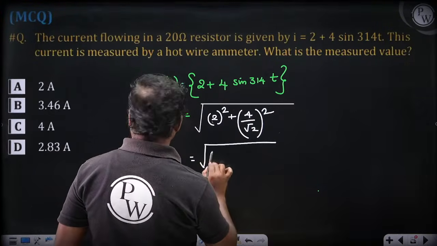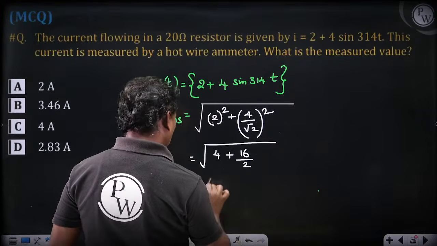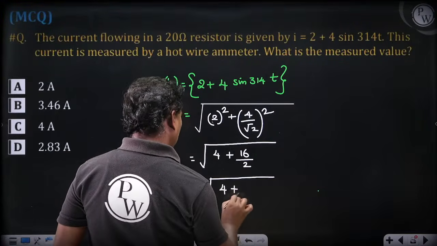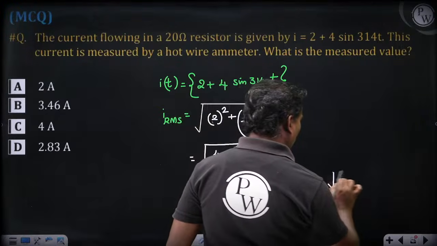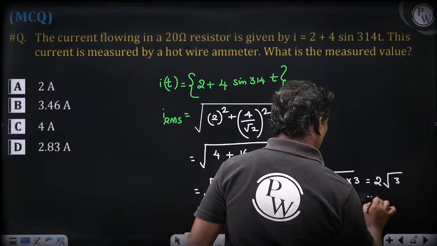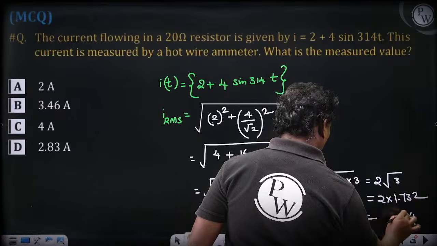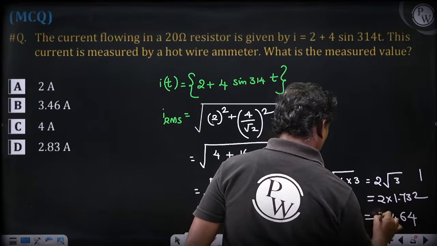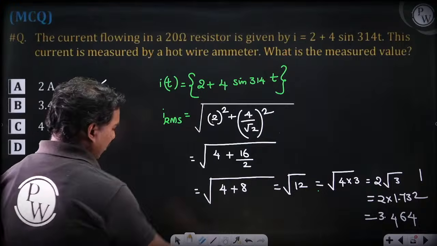So that will be how much? 4 plus 16 by 2, that is the square root of 4 plus 8. So root 12, that means the square root of 4 into 3, that means 2 root 3. So 2 into 1.73 is 3.464. Option B is the right answer.